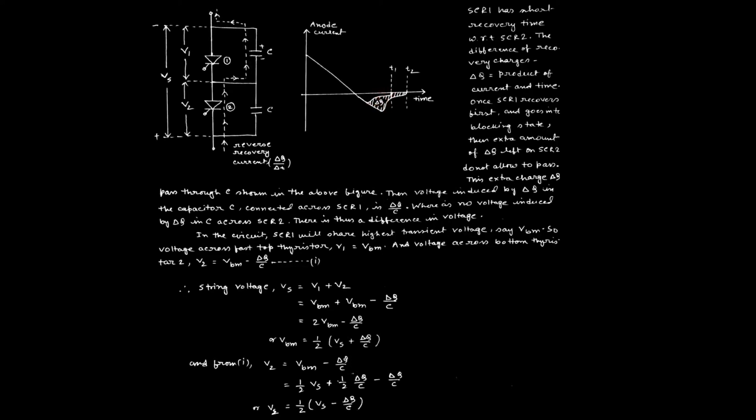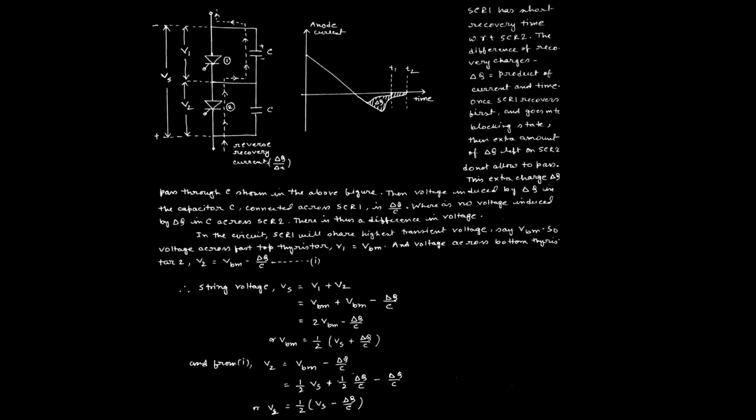This extra amount of charge should be stored by the capacitor which is connected in parallel to the first SCR. If we consider a long string where n number of SCRs are there, each capacitor connected to a particular SCR is able to store the charges which have to be taken from the next SCR.